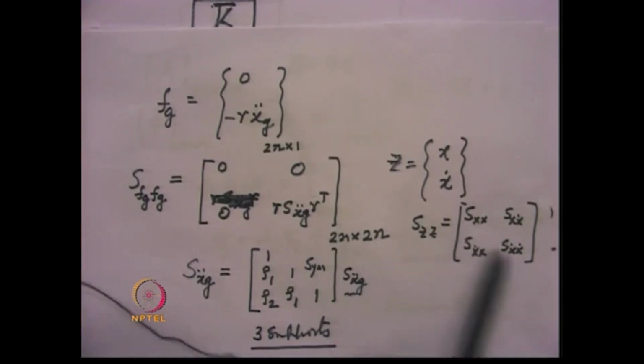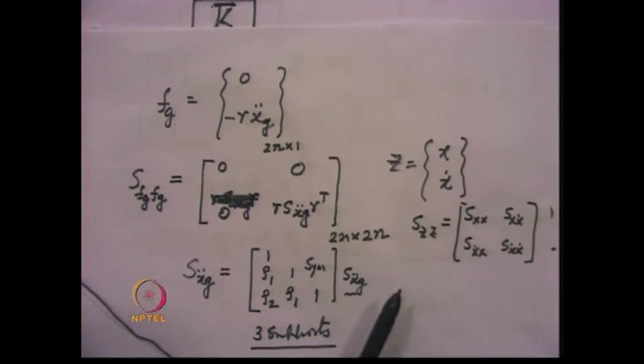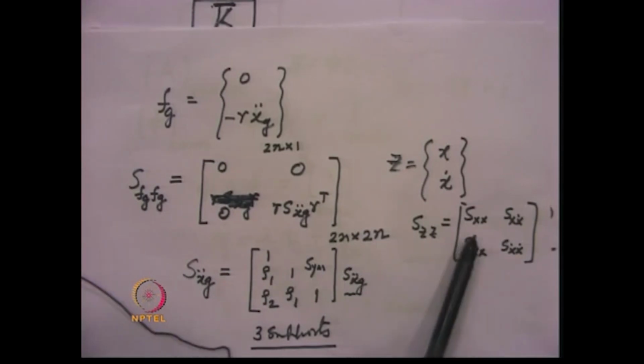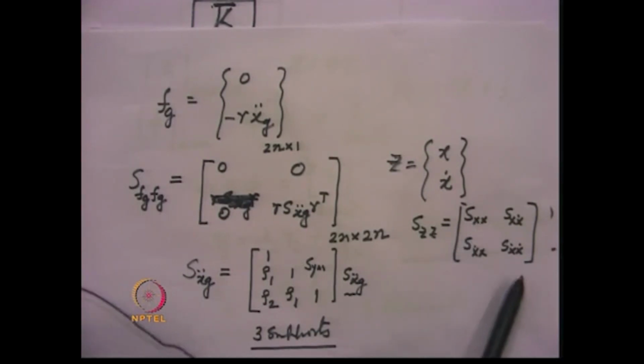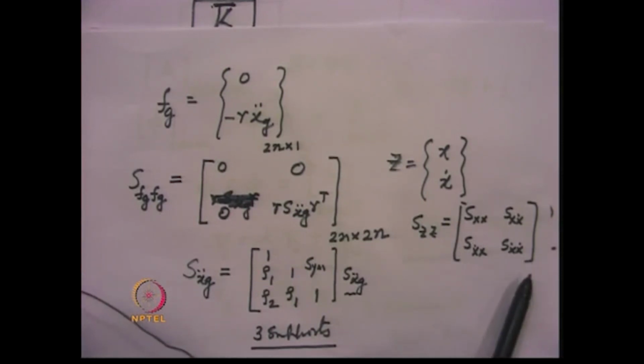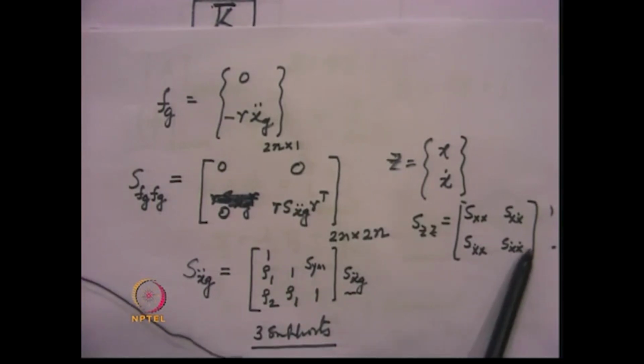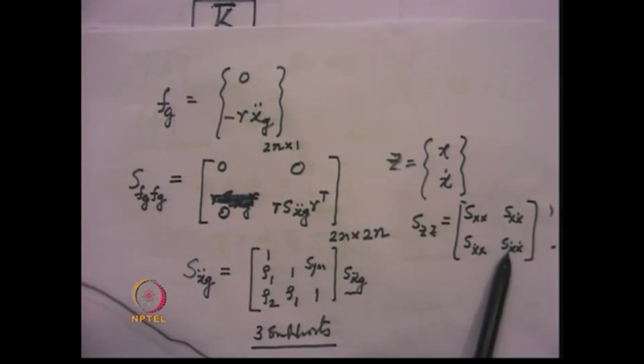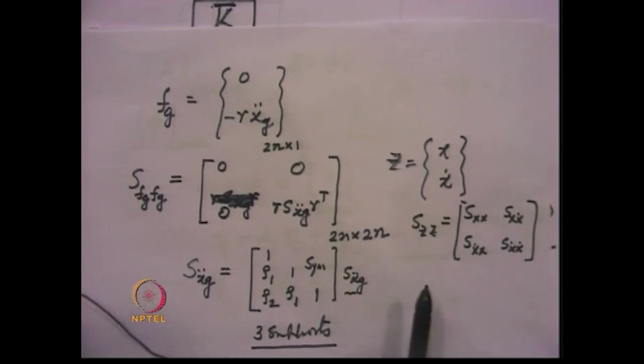So, we can choose the appropriate terms from this matrix to obtain the power spectral density function of any response quantity in the structural coordinate, that is x. And if we want to know the power spectral density function of velocity, then we can select the appropriate terms from this matrix.